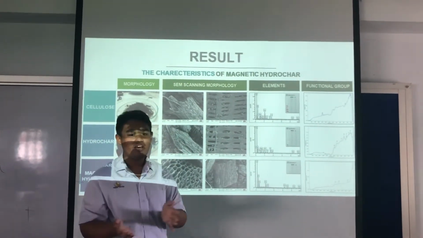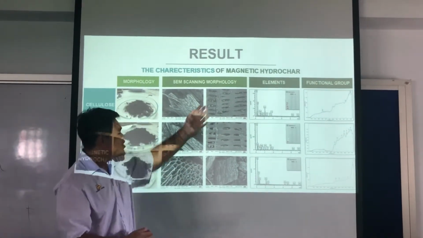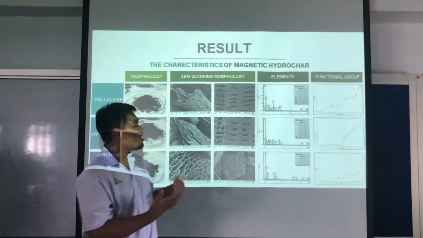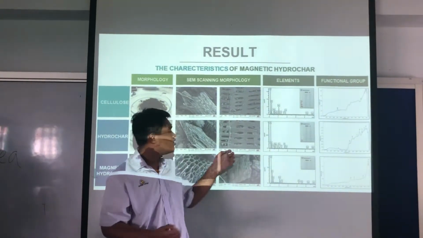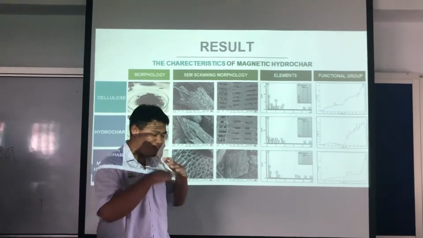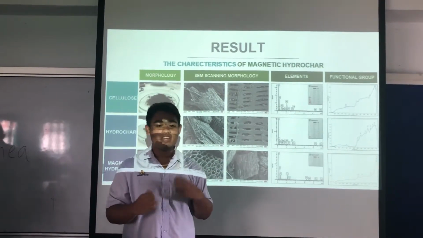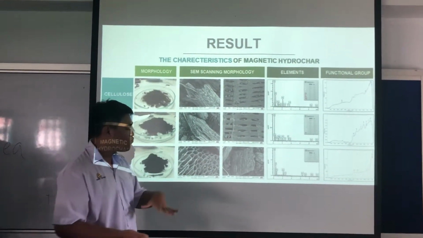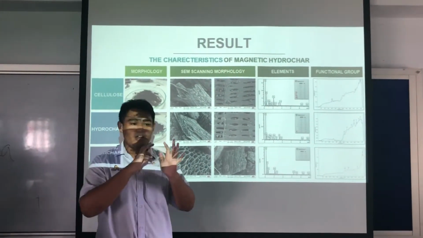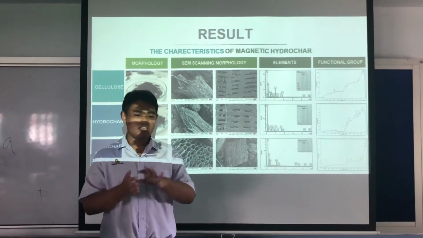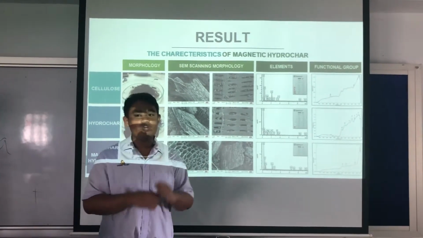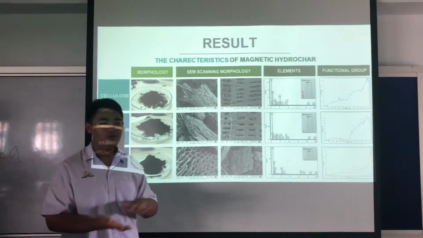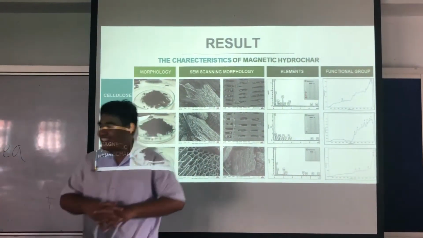When it goes through carbonization, the organic compounds inside the pores are cleaned out, and we found that the carbon element increased. For the magnetic hydrochar, we found the bond of iron with oxygen. This is the molecule of magnetite found on the surface of the magnetic hydrochar.